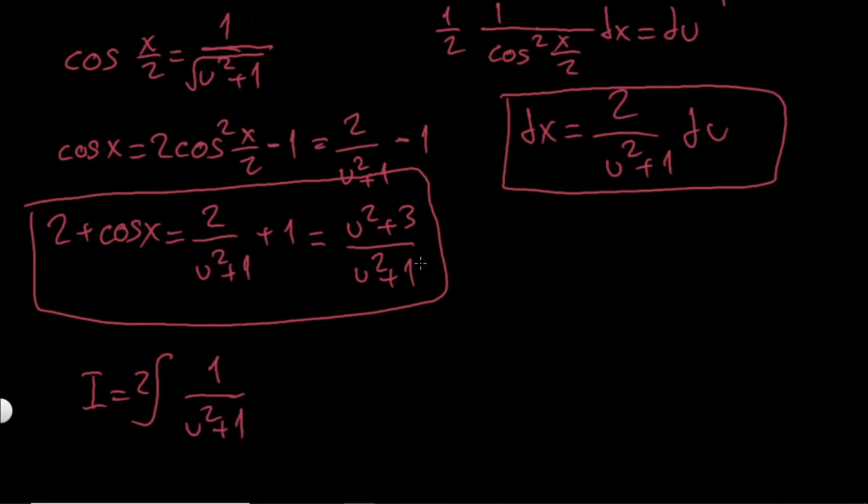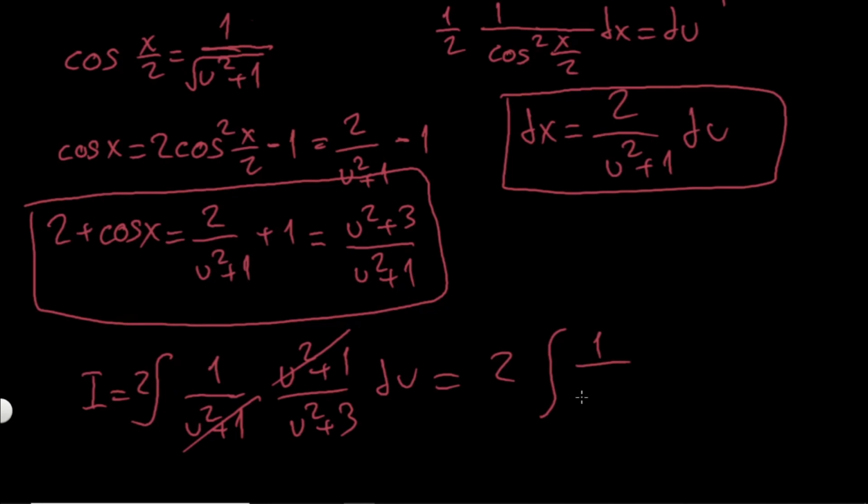And I have this thing, which I'm going to flip because it's in the denominator: u squared plus 1 over u squared plus 3, du. Well, we are lucky. These two will cancel out, and the integral is going to be 1 over u squared plus 3 du.